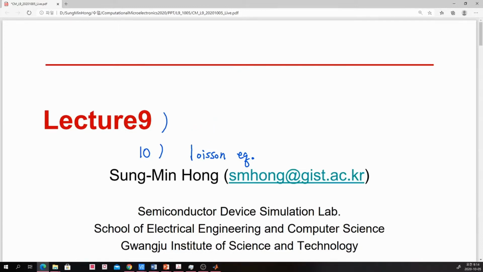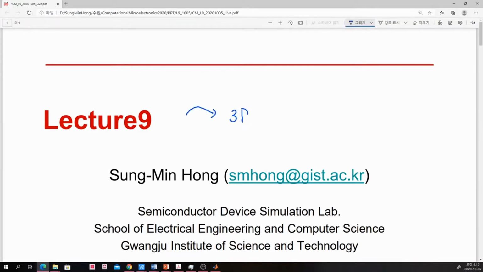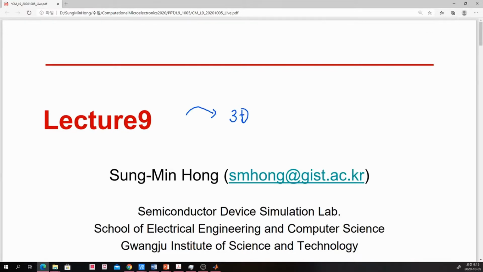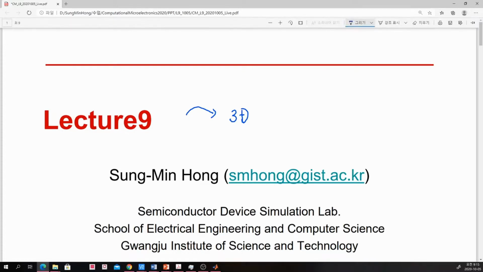Anyway, today's lecture 9 is devoted to the basic background for solving the Laplace equation in a two-dimensional structure. Once you can do it in a two-dimensional structure, then extension to the 3D structure is straightforward. Of course, in this course, I will not talk about the 3D expansion, but if you are interested, it's up to you. You can follow the three-dimensional extension.